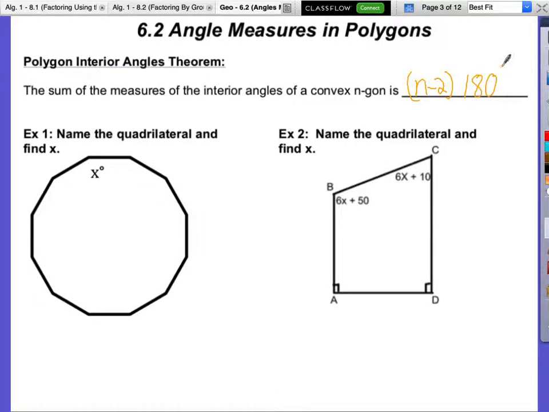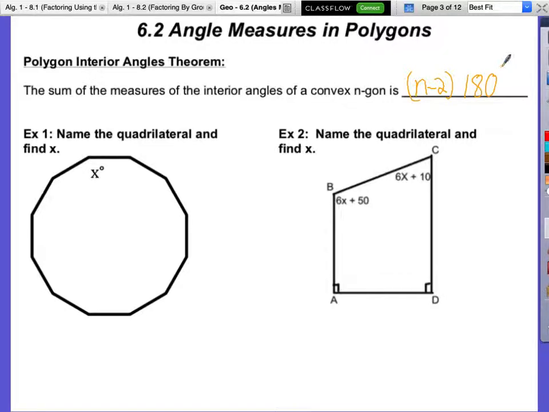Why did we say it was this? How did we arrive at that conclusion? Because a triangle is 180, and your number of sides minus 2 is how many triangles it formed. If we look at the chart we made, a triangle has 3 sides and there's 1 triangle. A quadrilateral has 4 sides and there's 2 triangles if you make diagonals from only 1 point.